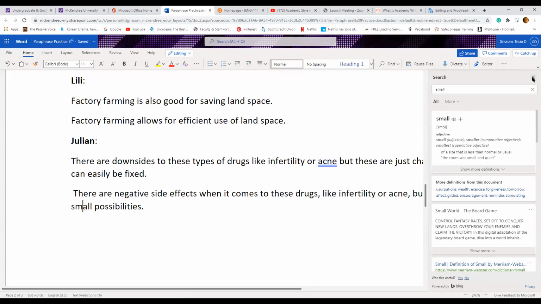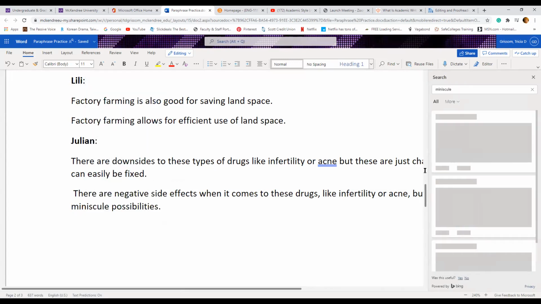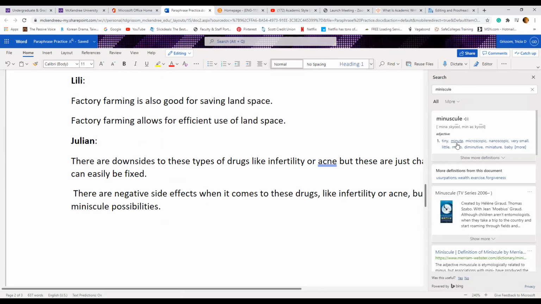Let me suggest one. And if we don't like it, we can right click on it. How about minuscule? Minute.